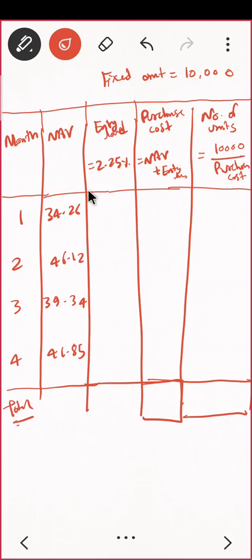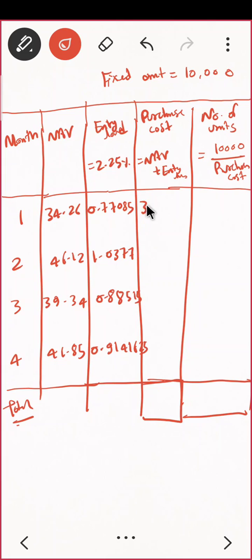So the entry loads are 0.77085, 1.0377, 0.88515, and 0.9141625. In many questions they will mention taking up to 3 digits.